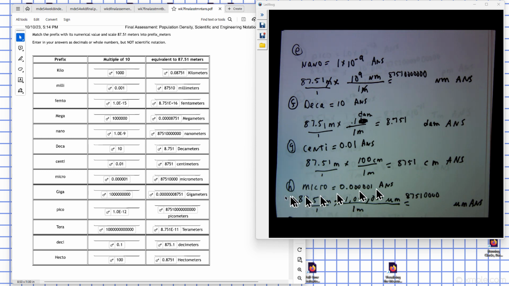So nano's next. And so from the chart, it's 10 to the minus 9. Then they want us to convert meters to nanometers. So that's a conversion right there. 1 meter is the same thing as 10 to the 9 nanometers. And then multiply it out and you end up with this number here for nanometers for my answer.